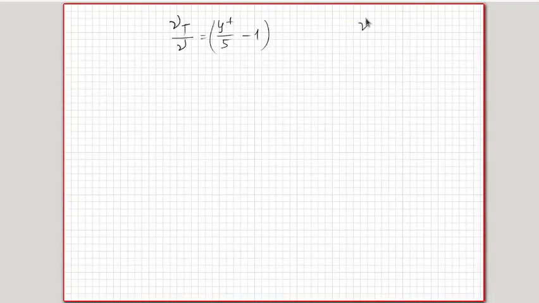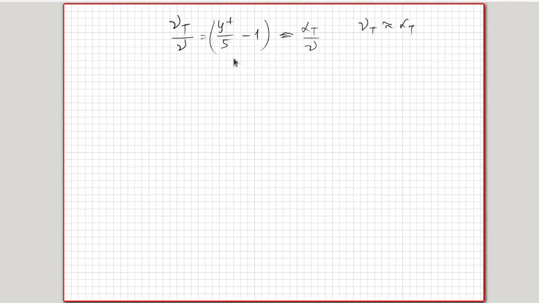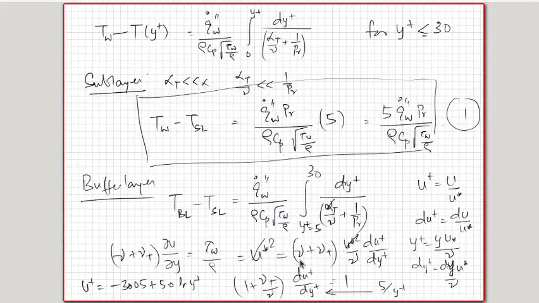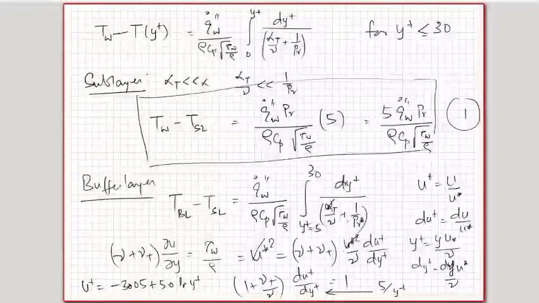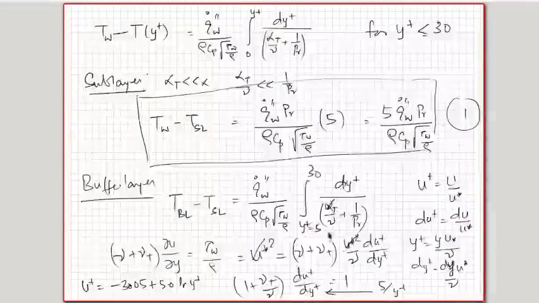Okay, now since nu t is approximately equal to alpha t according to the turbulent boundary layer theory, turbulent Prandtl number is approximately 1. I can write this as also approximately equal to alpha t by nu. So I can substitute this for the alpha t by nu in this expression, where alpha t by nu is there, I'll be able to substitute Y plus by 5 minus 1.